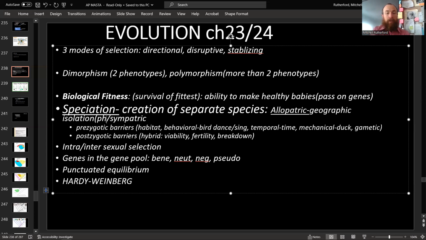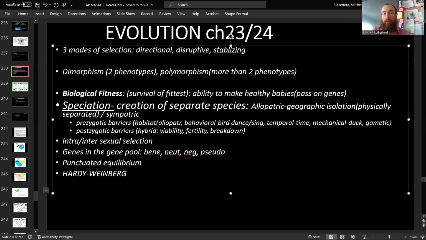That could be by an island breaking off, or if glaciers are melting and all of a sudden there's a river that forms, like the Grand Canyon. If there's a physical separation, then we're going to start to see speciation. Typically, that's going to be your habitat kind of a thing. Your habitat one is kind of your allopatric, I guess. That might be the only one that is allopatric, and the rest of them are all except habitat.